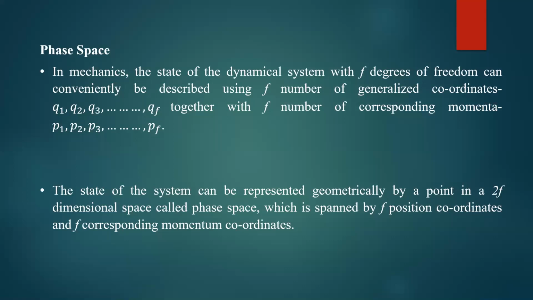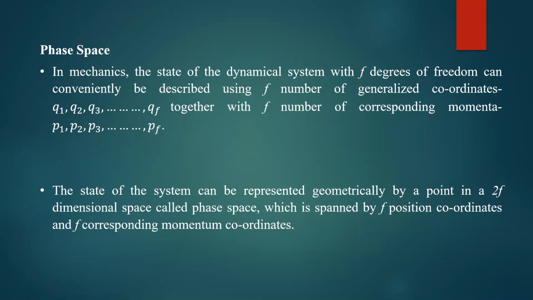Therefore, remember, the dynamic state of the system can be represented by a point in a 2f dimensional space called phase space, which is spanned by f position coordinates and f corresponding momentum coordinates.